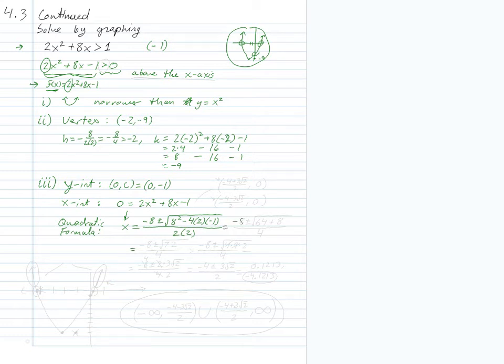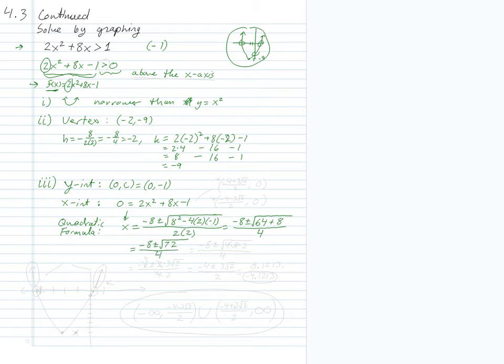So that's negative 8 plus or minus the square root of 64 minus 4 times 2 times negative 1. That's going to be positive 8, all over 4. So negative 8 plus or minus the square root of 64 plus 8 puts us at 72, all over 4.